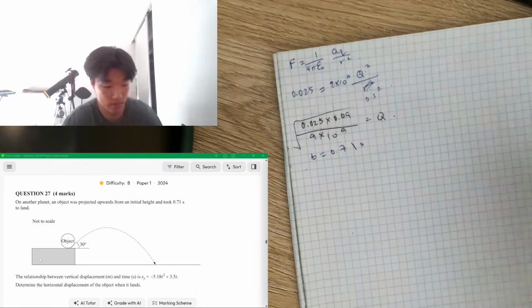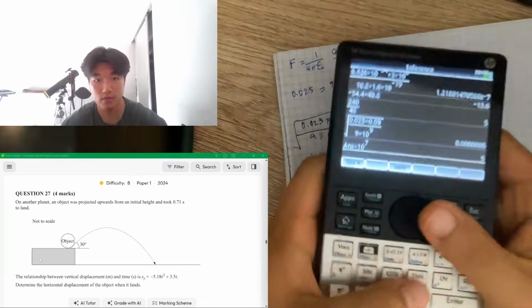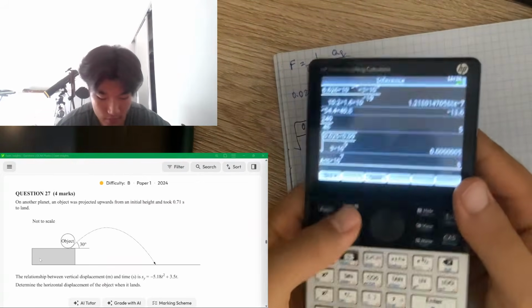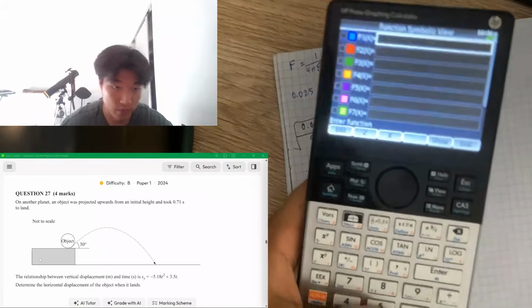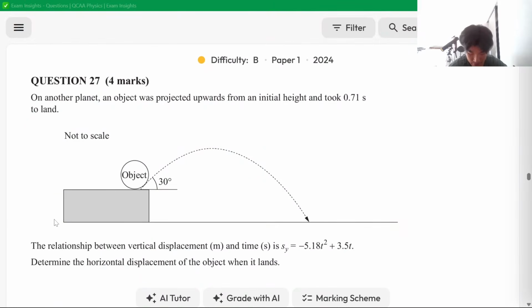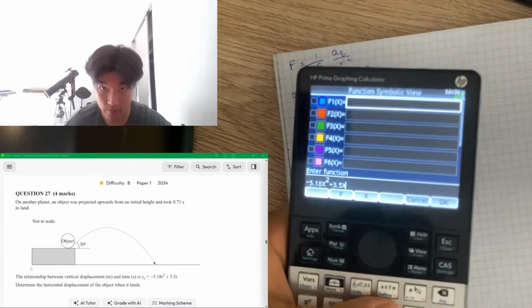Then s of y, all we need to do really is, we can actually just graph it, if we really want to do that. I think I've typed it in correctly.